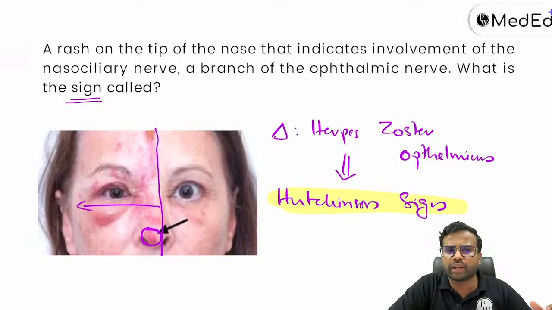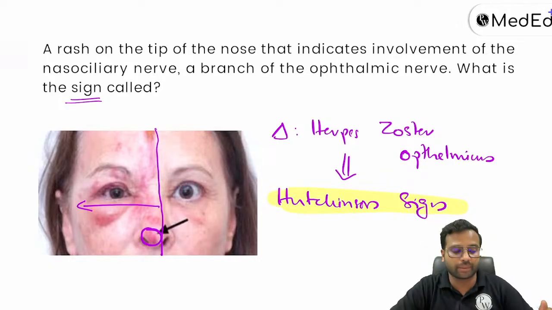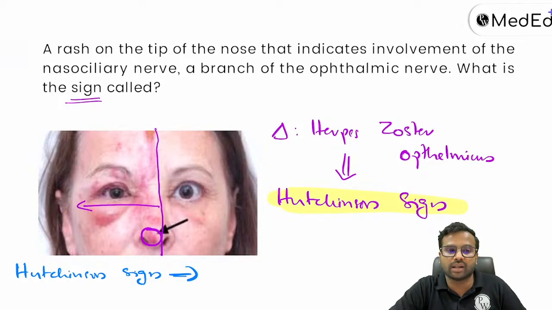When you're preparing for your exams in different subjects, you must have learned about Hutchinson sign. Before we go to the next image-based question, can you quickly answer in which all diseases you have learned about Hutchinson sign? If you want, I can give you a clue.